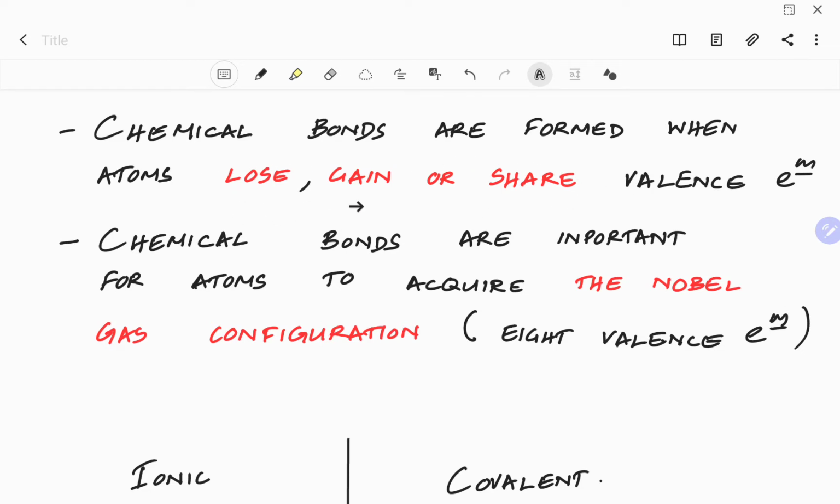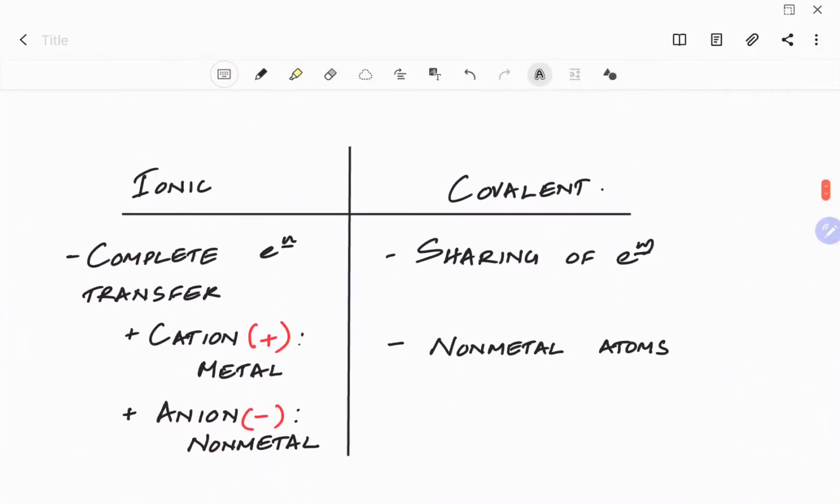So when atoms lose, gain or share electrons, you form chemical bonds, and this formation of chemical bonds helps the atoms to obtain the noble gas configuration, which is a very stable configuration that atoms can achieve by pairing all the valence electrons.